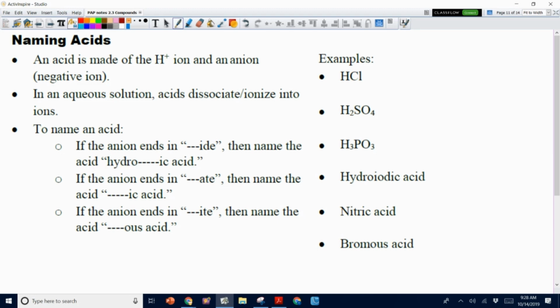PO3, that's going to be the phosphite ion. Phosphite. Okay, so PO3 is phosphite. Let me make sure that is correct before I say any more.